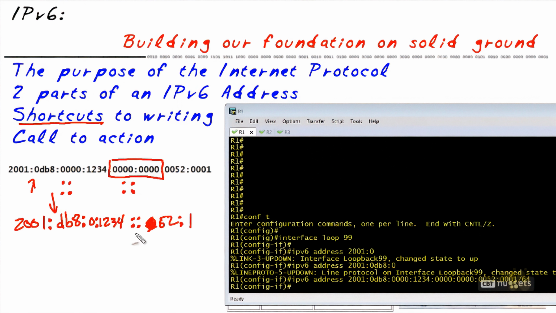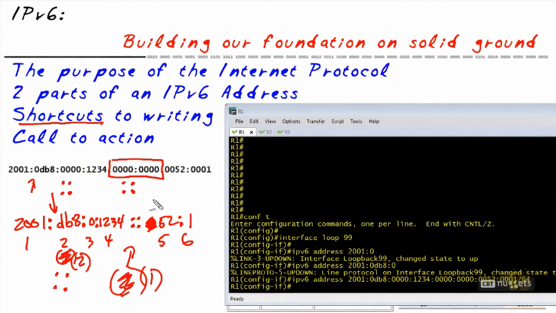So if I use a colon, colon, like right here, it says there's 1, 2, 3, 4, 5, 6. Okay, inside of that grouping of the colon, colon, there must be 2 of them right there to make the total of 8. If I did it twice, if I did it here and here, it doesn't know, oh, this is 1, that's 2. It might think wrongly that this is 2 sets of zeros and this is just 1 over here.